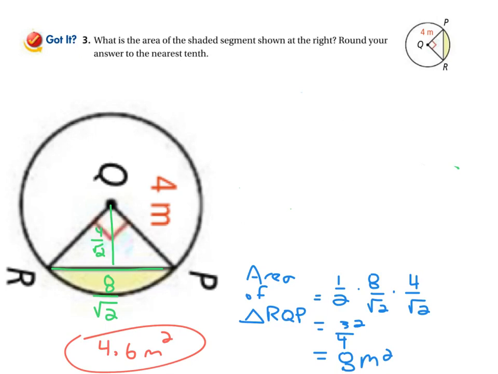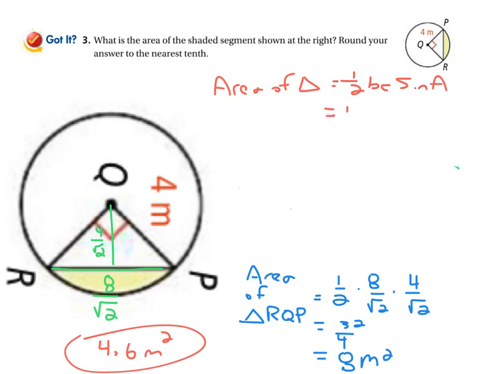We know that the area of a triangle can be calculated by using 1/2 BC times the sine of the angle A, okay?